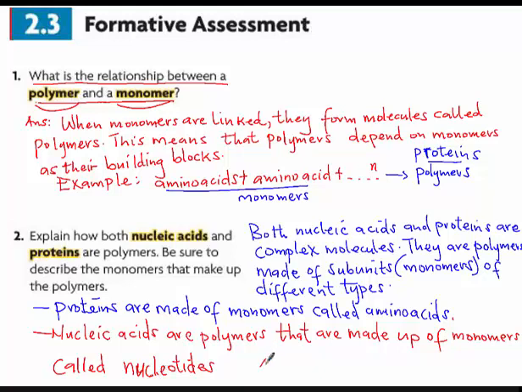If we make, for example, a picture here, let me try to make it easier.